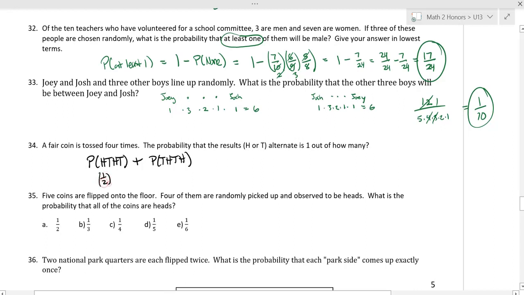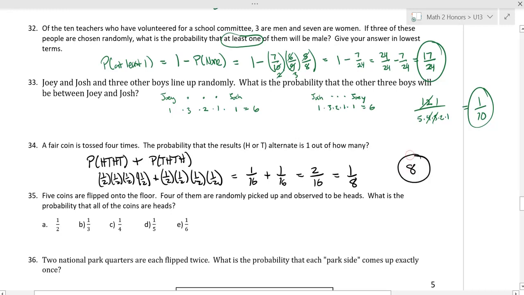So 1 half times 1 half times 1 half times 1 half for the probability of heads, tails, plus 1 half times 1 half times 1 half times 1 half for the probability of tails, heads. So it's 1 out of 16 plus 1 out of 16, which is 2 out of 16, or 1 out of 8. And it's saying 1 out of how many? Well, 1 out of 8. So 8 is our answer to number 34.